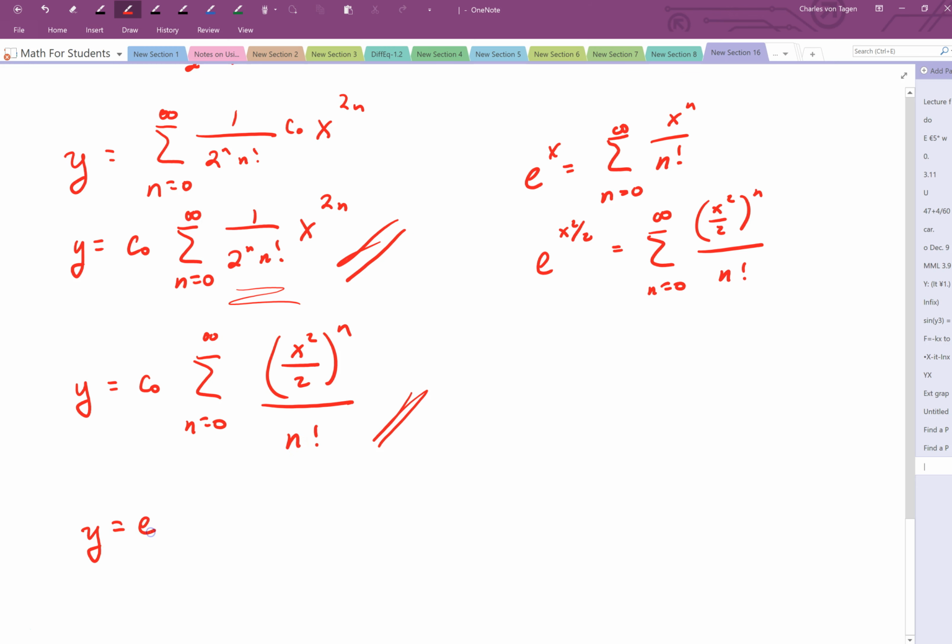So what is our solution to this? Our solution is, let's be a little careful there, our solution is c naught times e to the x squared over 2. And that is the solution to that differential equation, which you would obtain if you used the integrating factor or some other technique. I hope that was helpful.